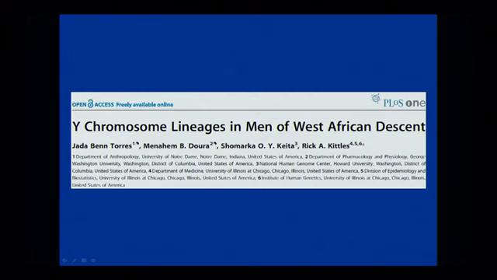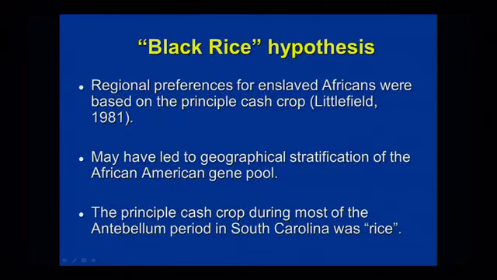We also found a similar story for the Y chromosome, and we looked at several Y chromosome samples from African Americans in the US. So this is that black rice hypothesis, where there were regional differences in the enslaved Africans based on the principal cash crop of the plantation, and may have led to the geographic stratification in the African American gene pool.